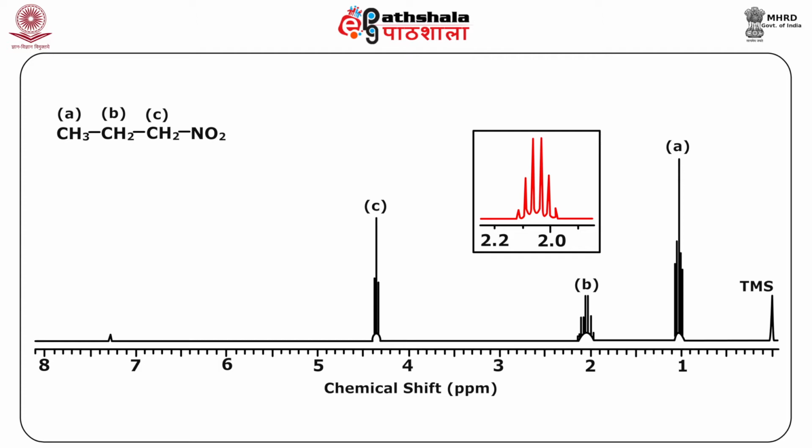Due to the very close value of both the coupling constants, several lines coincide to give a deceptively simple multiplet, that is a sextet. One, however, may expect 12 peaks at high resolution.